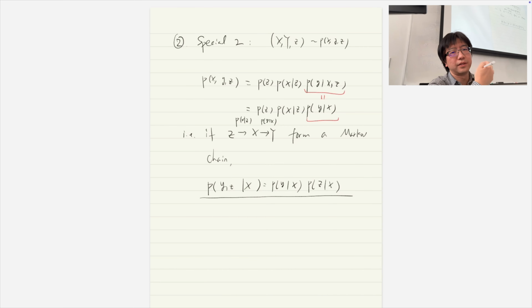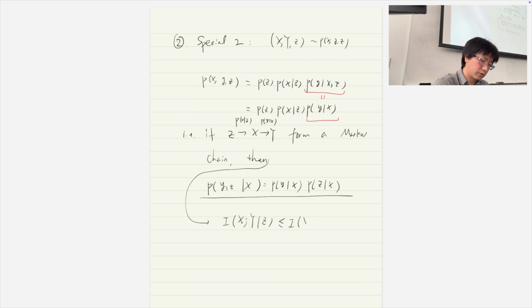And because of this, you probably know how to prove it. Let's write it down. If this is a Markov chain, then in this case the conditional mutual information will reduce the mutual information.